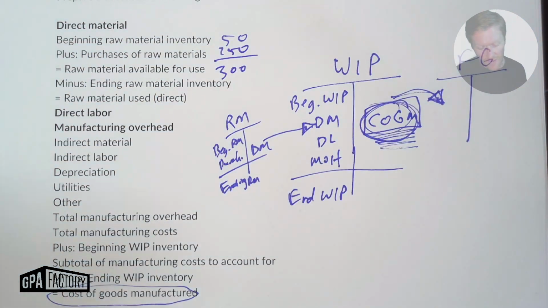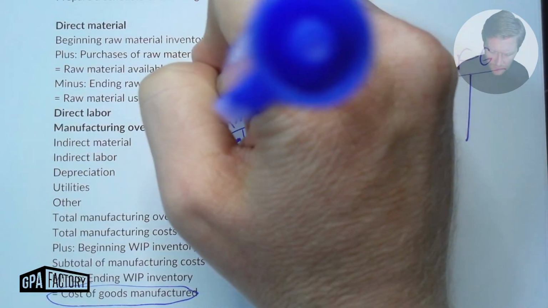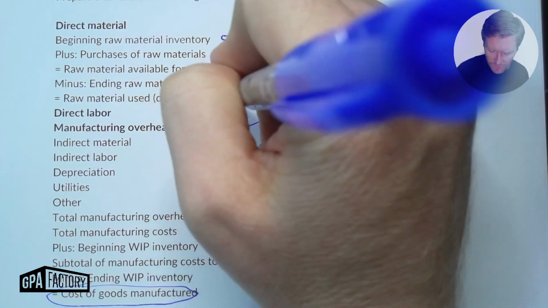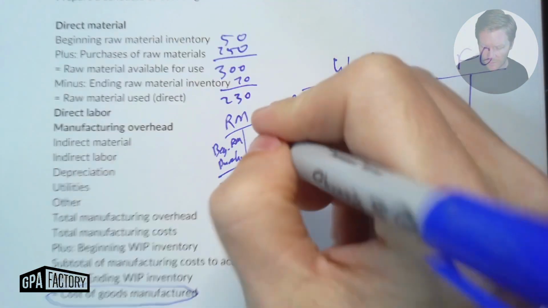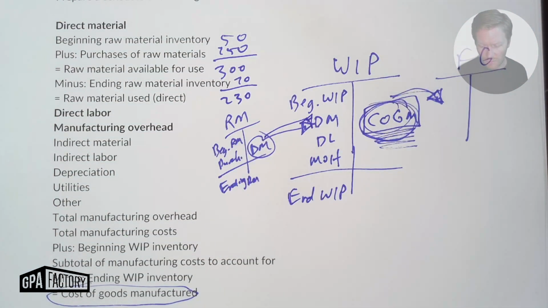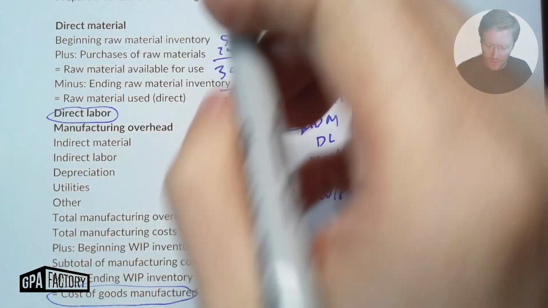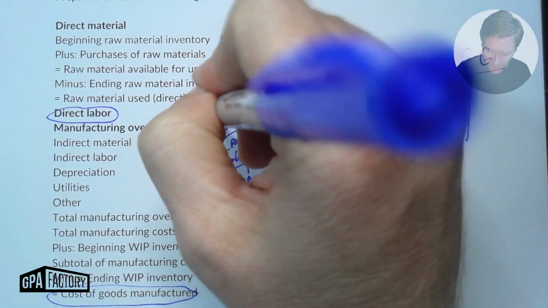We're going to subtract off ending raw materials, which is 70, so that we get raw materials used of 230. So that's the direct materials that goes over into there. Okay, the next line item is direct labor, which in this question it tells us is 350 on direct labor. So direct labor would be the 350.